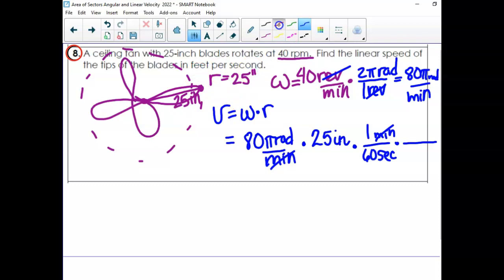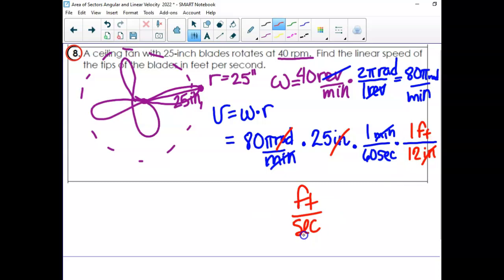But they also wanted feet, so I need inches to cancel, so inches is going to go in the denominator. And what I know about inches is that 12 inches, so the 12 goes with the inches, is 1 foot. Now the inches label cancels, the radians label magically disappears, and I have left feet and seconds.